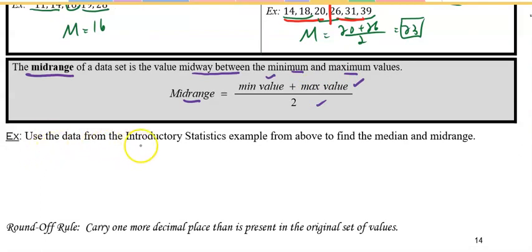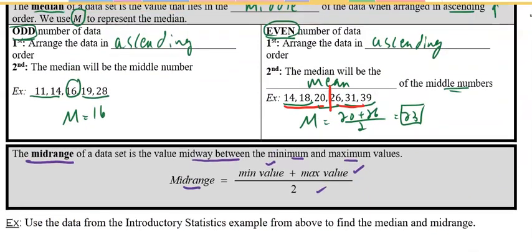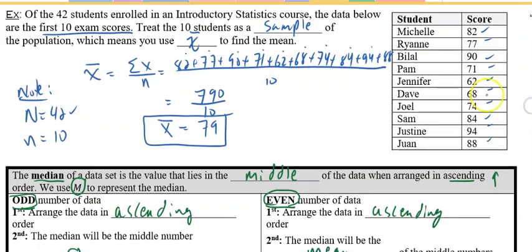Now, use the data from the introductory statistics example from above to find the median. Well, let's see. If I look at that data set, I would list 82, 77, 90, 71, 62, 68, 74, 84, 94, and 88.